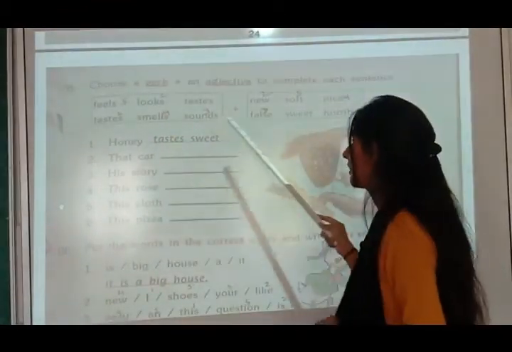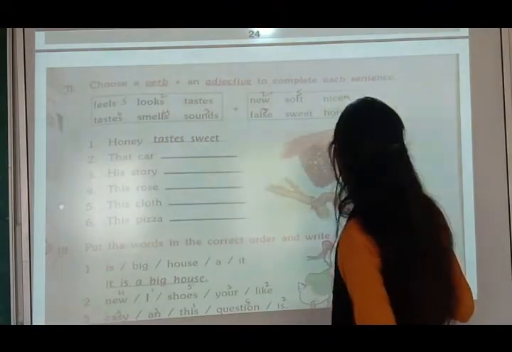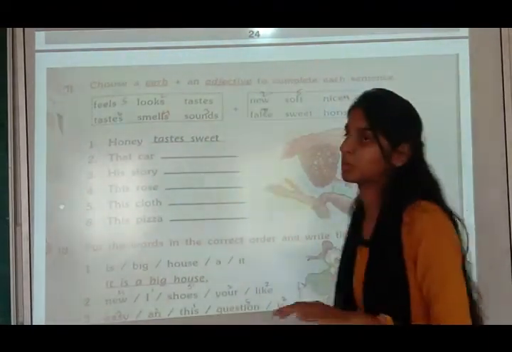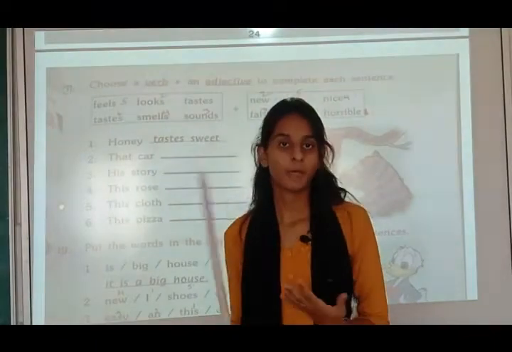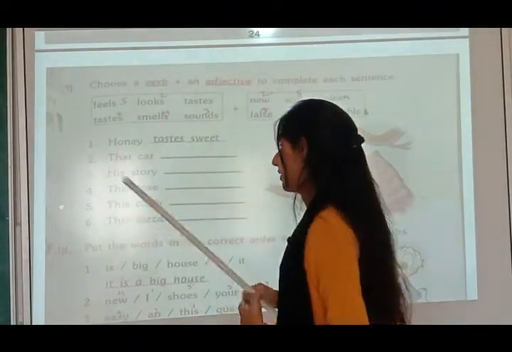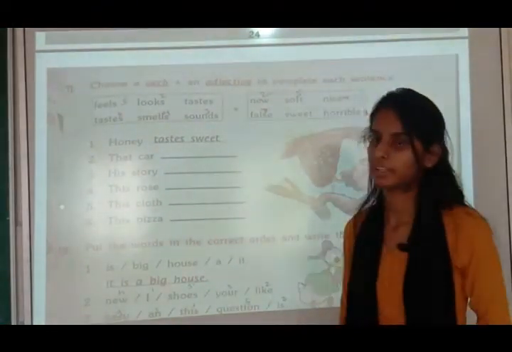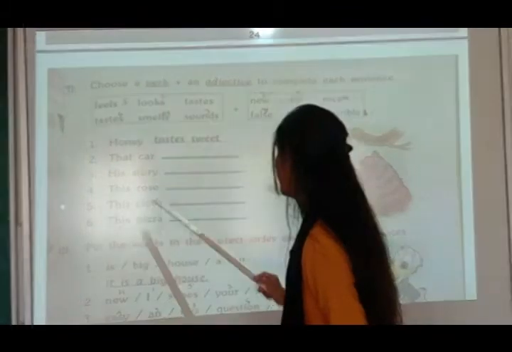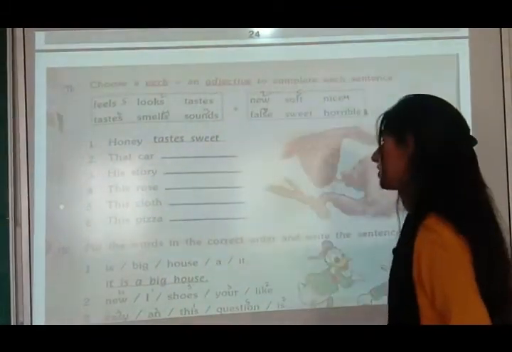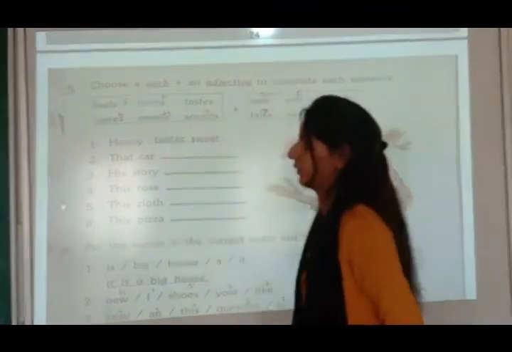That car, then here you have to say looks. That car looks new. So looks is a verb, but how does it look? New. It can be old, it can be in bad condition. So that car looks new. New is an adjective. This cloth feels soft. So feels is a verb and soft becomes the adjective.